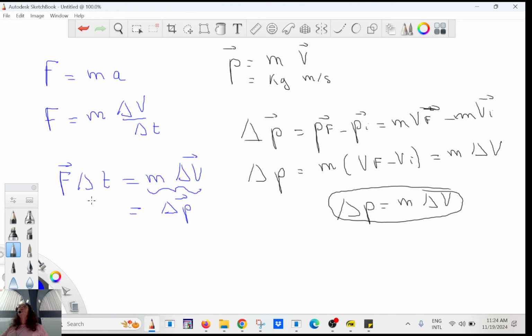Of course, the shorter the time is, for the same change in momentum, so you go from here to boom, right? Let's say you cannot punch harder than that. The shorter the time, the larger the force.